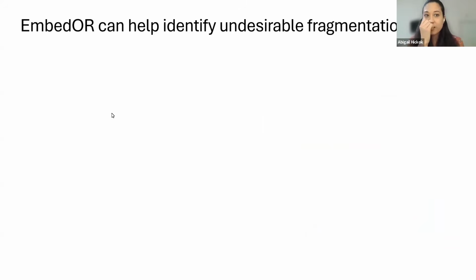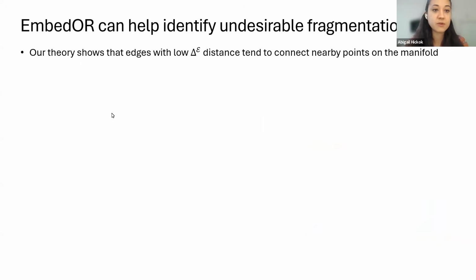Okay, and one thing that we also like about our algorithm is that not only does it produce nice visualizations, but you can also identify undesirable fragmentation within the embedding. So our theory says that edges with low embedder metric distance tend to connect nearby points on the manifold.